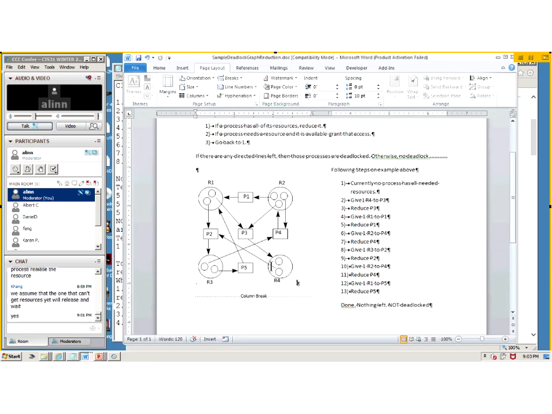This diagram shows that case, that after we did graph reduction, we didn't have any more lines, or arrows left, I guess.